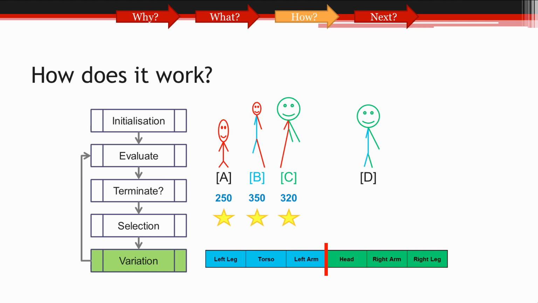Here we can see parent B and parent C have produced offspring D. I've color-coded the parts of the stick figures to indicate what has been passed on to the offspring and which parent it's come from.